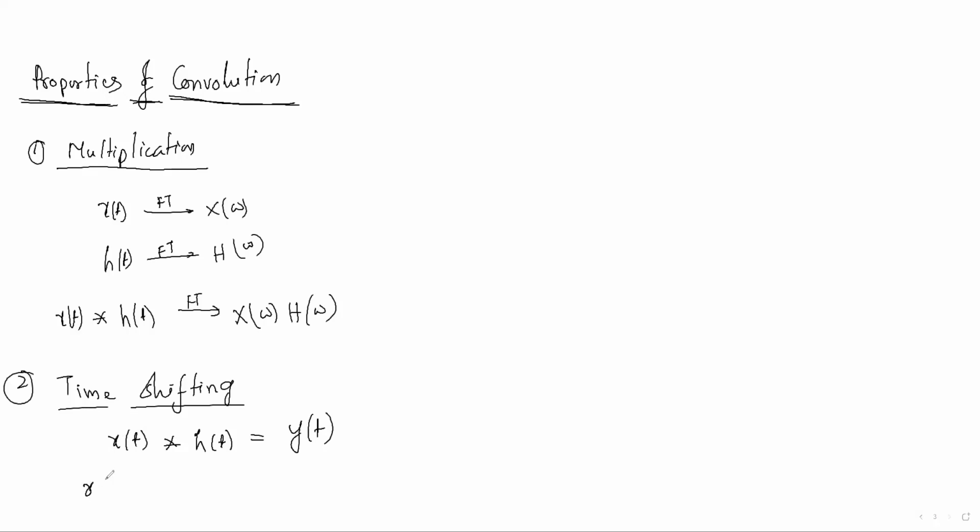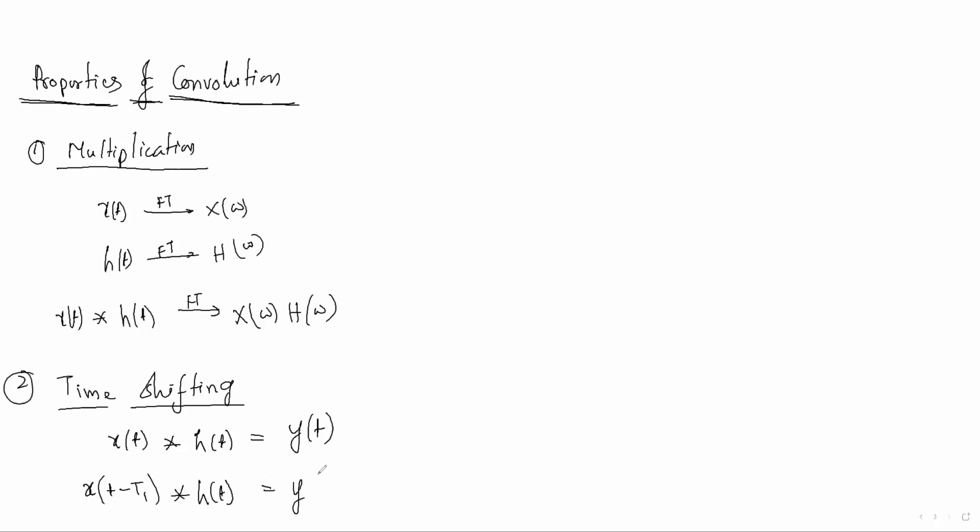If you take a shift in time in the x signal, right shift or left shift, anything, here I am taking a right shift, minus means it is a right shift. If you shift the signal x(t) and convolve with h(t), what will be the output?